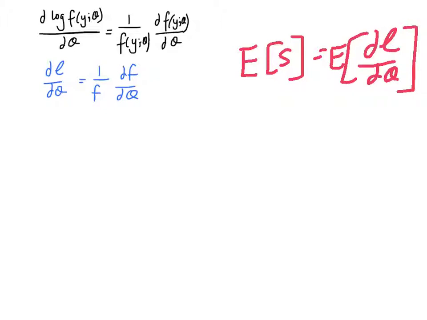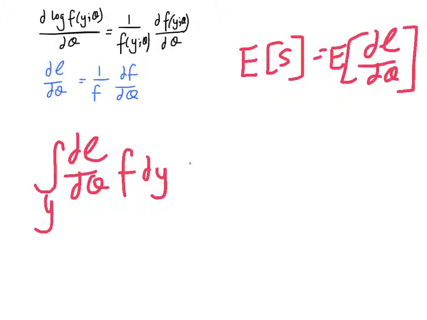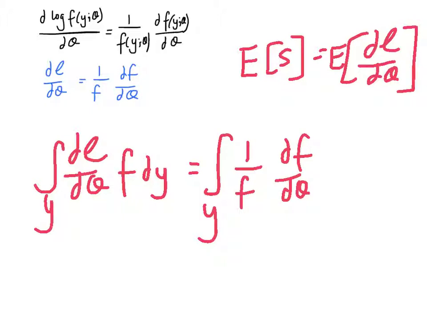So I need to find the integral over y of dL d theta multiplied by the density function, which, expressed in a different way, is the integral over y of 1 over f df d theta, and I have an f because I'm applying that density function.